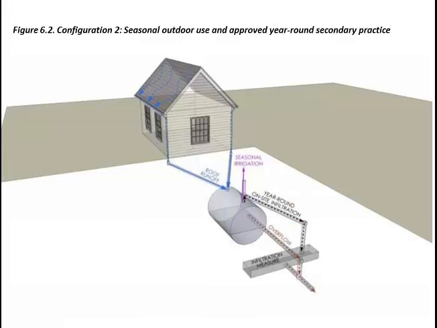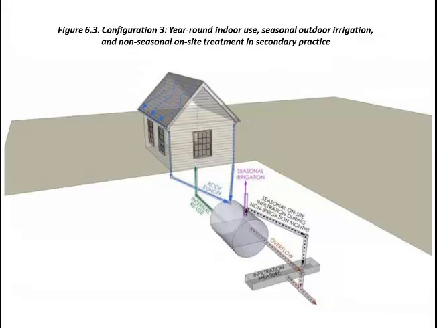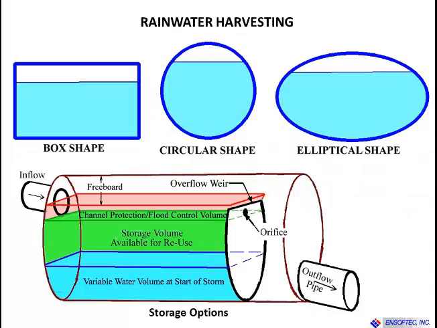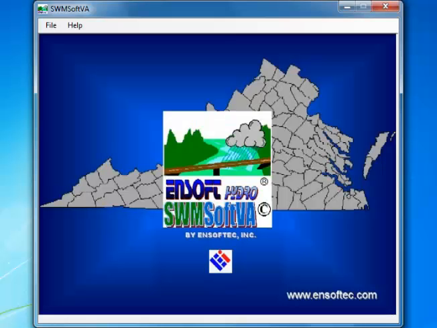Configuration 2, seasonal outdoor use and approved year-round secondary runoff reduction practice, and Configuration 3, year-round indoor use, seasonal outdoor irrigation, and non-seasonal treatment in a secondary runoff reduction practice. The tank design including storage volumes, location and size of water quality orifices, overflow weir and required freeboard are dependent on these configurations. Let me open a project and go to the BMP design.